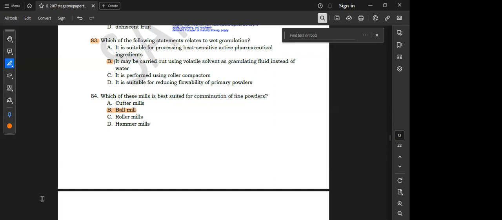Increase or decrease? Google says generally granulation transforms fine powders into free-flowing dust-free granules that are easy to compress. Is that okay? Can you continue?